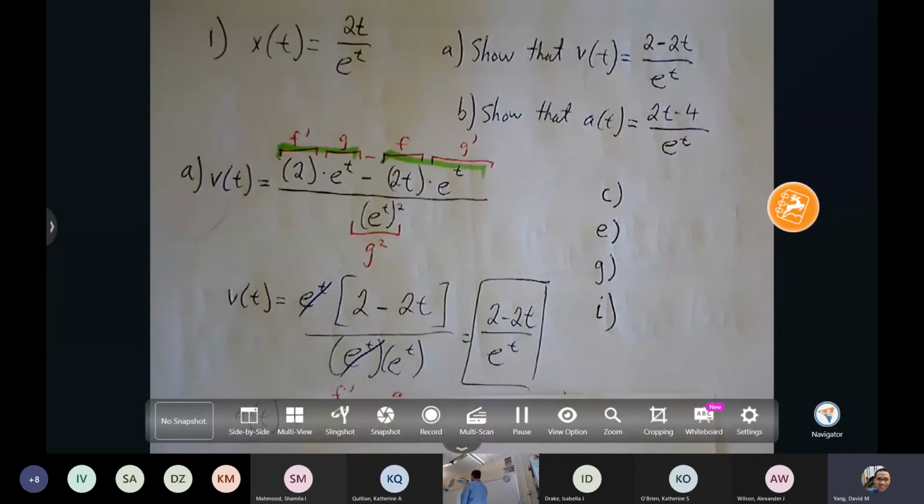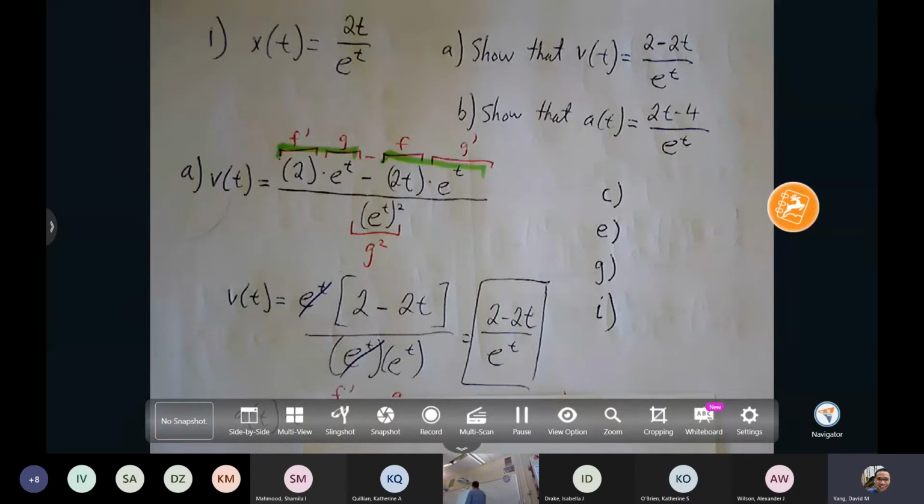Yes? Why is G prime e to the t? Right, so the reason why is because we're following this rule here. The rule for e to the t is e to the t times t's derivative, and t's derivative is just 1.